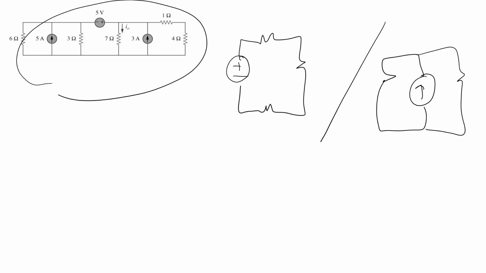That's number 1. Number 2, start off with the obvious. For example here, the resistors are in series. Resistors in series can add up. So you solve the obvious first.